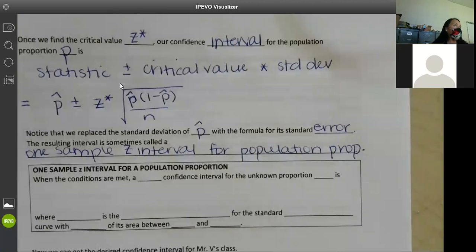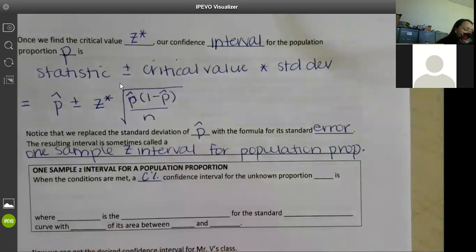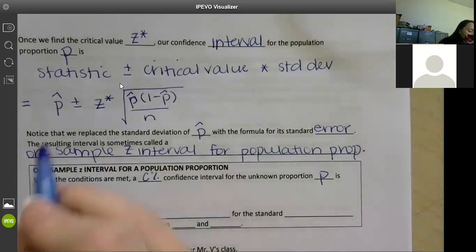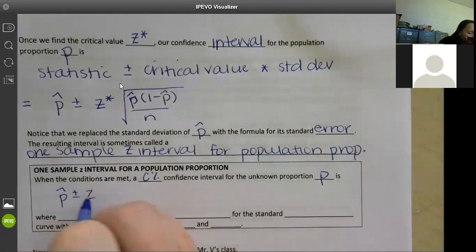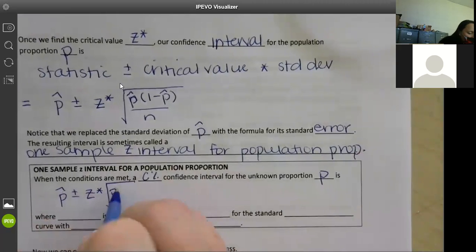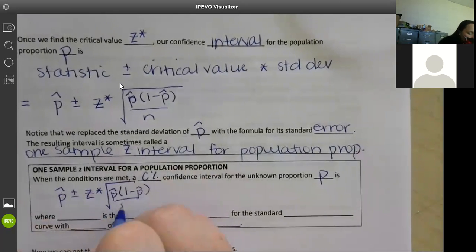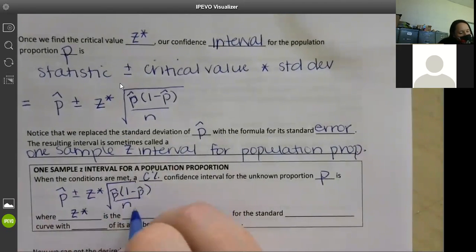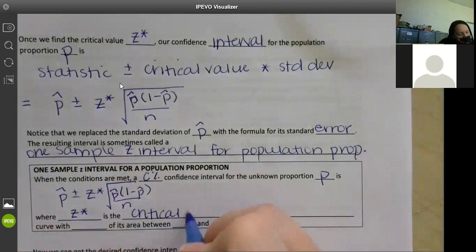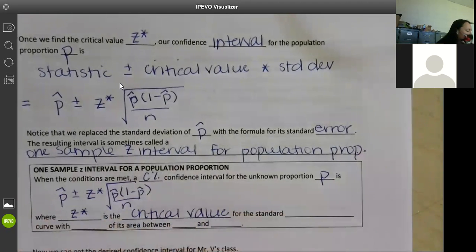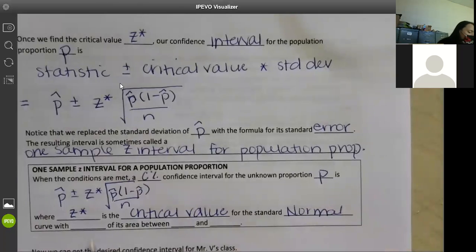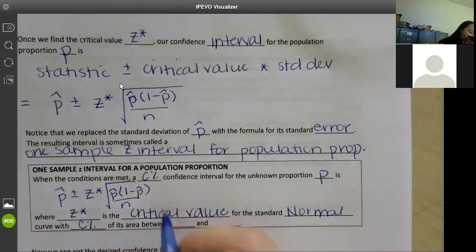That box is the same exact thing that we just wrote. When conditions are met, the C% confidence interval for the unknown proportion P is P hat plus or minus Z star times the square root of P hat times 1 minus P hat over N, where Z star is the critical value for the standard normal curve with C% of its area between negative Z star and Z star.